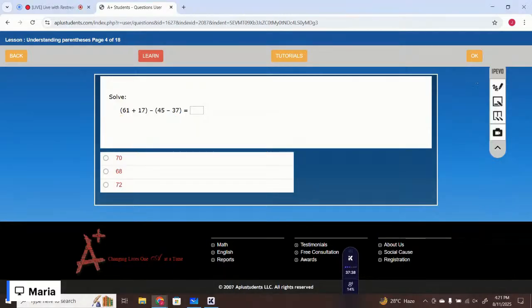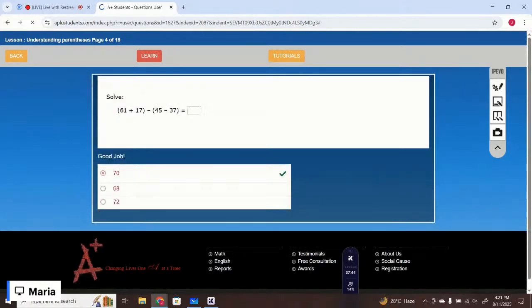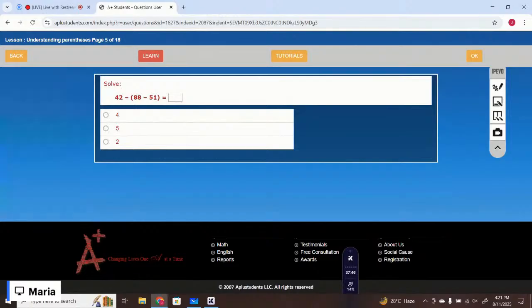Option number 1 is the correct option. Solve 42 minus 88 minus 51.